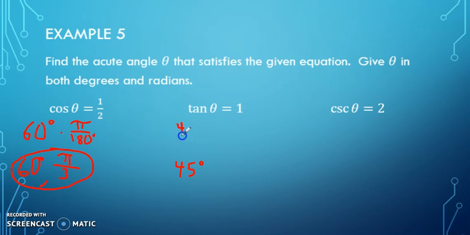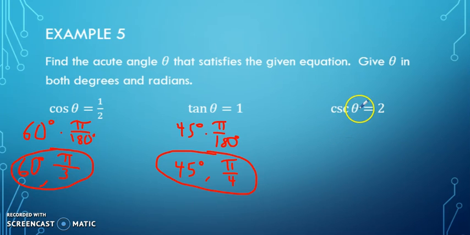So if you do the 45 degrees times pi over 180, this is going to reduce to pi over 4. So there are the two different ways of expressing that angle measurement.